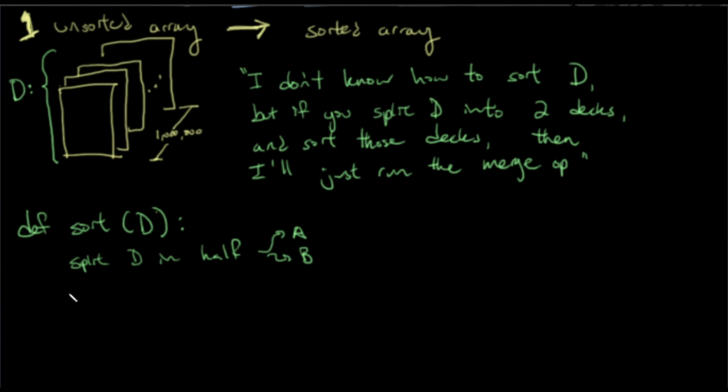We're going to notice that we've already defined a sort method here. This sort method is a general all-purpose method for sorting any sort of array. So we're just going to reuse that here. We're going to let this variable sortedA equal sort on A, and we're going to do the same thing with sortedB.